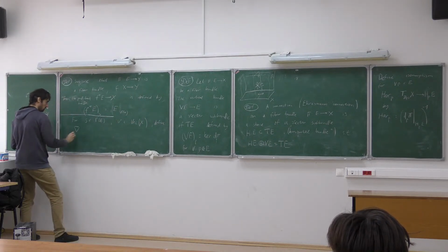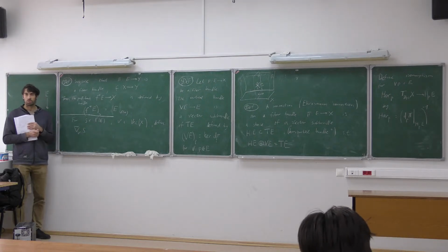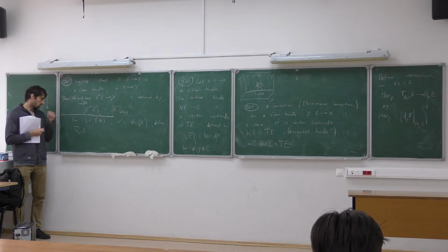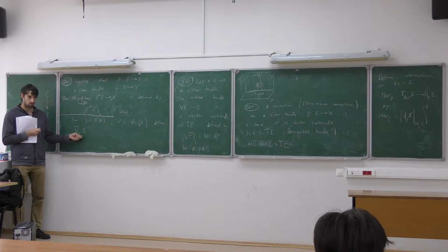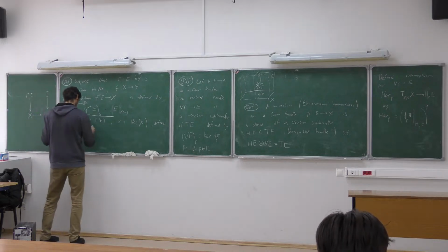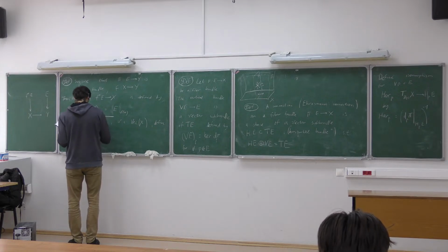Let me define what this means: the covariant derivative with respect to V of S. Before, when we had vector bundles, it was again a section. In this case, it will live inside Gamma of S star of VE.